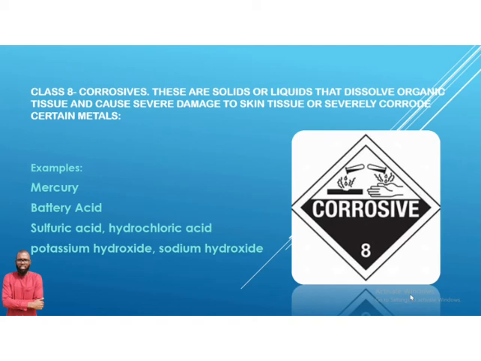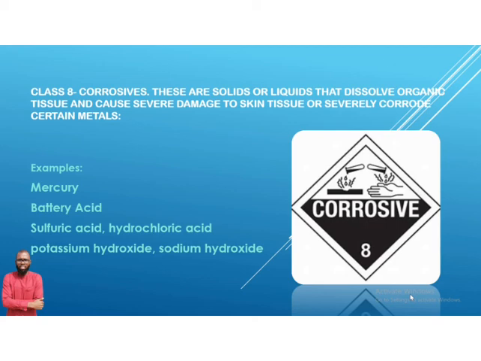Examples are mercury, battery acid, sulfuric acid, hydrochloric acid. Almost all forms of concentrated acids are highly corrosive. I don't want to go into understanding how you can identify them. Basically, when you see H+, the positive hydrogen ion, in the chemical reaction, it tells you that this is a corrosive substance that you need to know how to handle.